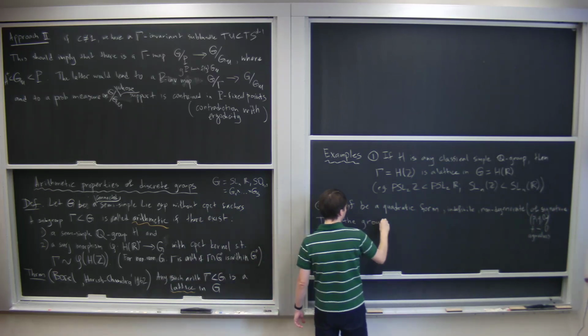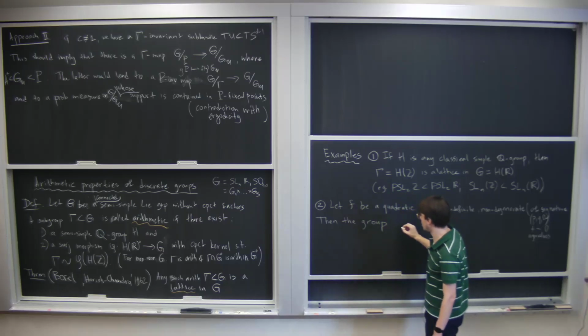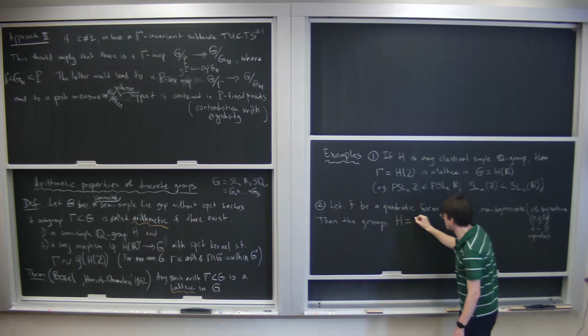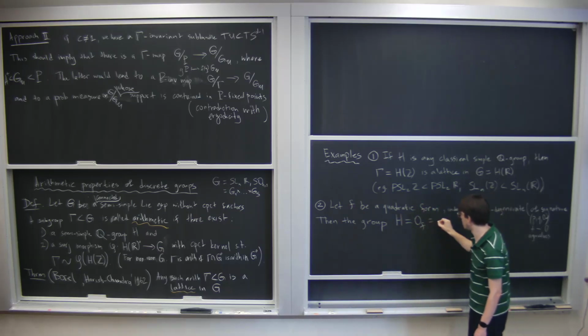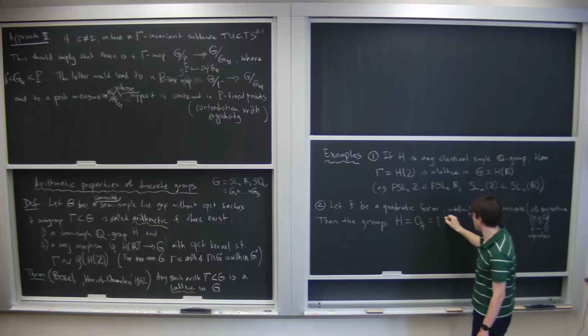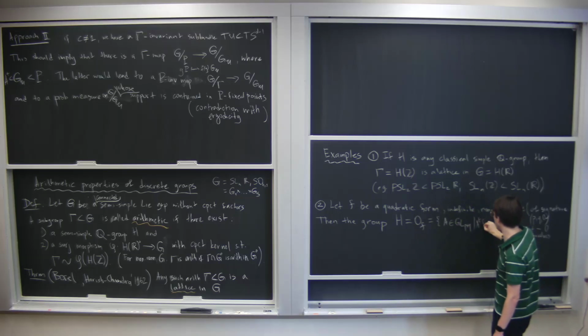Then the group of orthogonal transformations O_F, which I will denote H, consists of all matrices in GL_{p+q} such that A transpose F A is F, right?